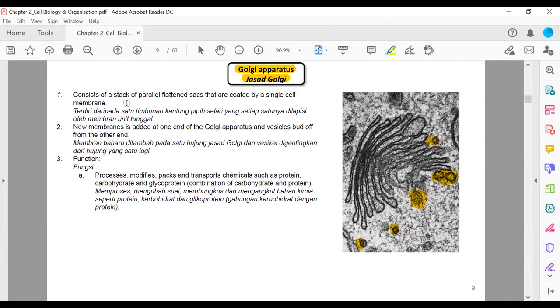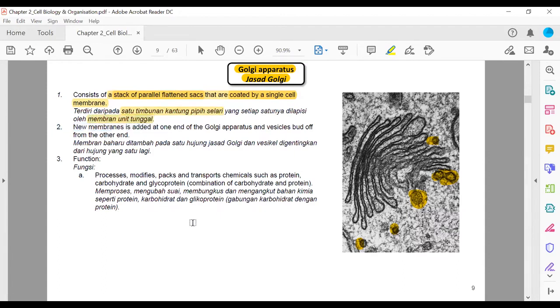It consists of a stack of parallel flattened sac that are coated by a single cell membrane. Terdiri daripada satu timbunan kantung pipih selari yang setiap satunya dilapisi oleh membran unit tunggal.